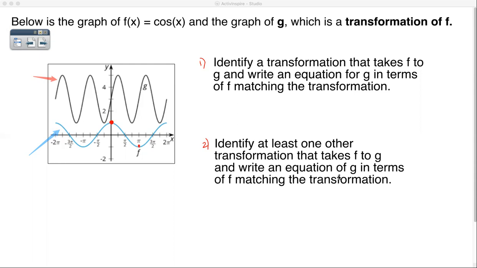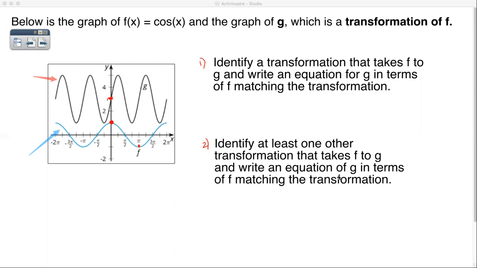When I compare it to g, what do I notice? Well, I notice in g, it has a midline at 3. So one thing that's happening is that my cosine graph, my f of x function graph, is getting translated up by 3 units.